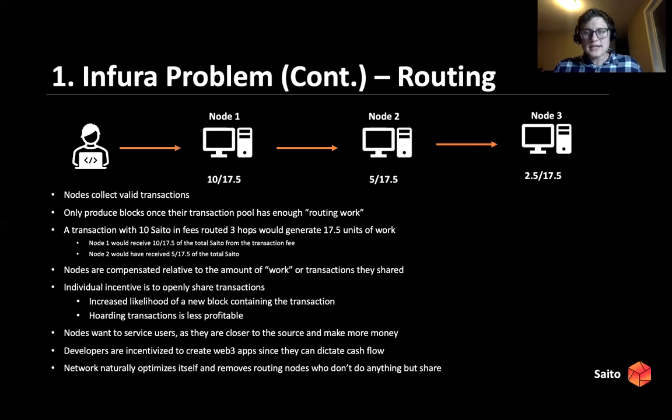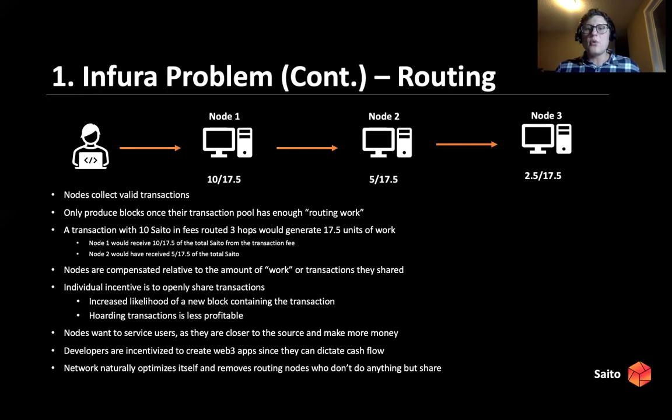Saito, for example, could dictate that you are required to have 100 points' worth of transaction fees or transaction points in order to post a block. Node 1 would have 10 points, which is a decent start. Node 2 would have 5, and they keep listening for new transactions coming in and add those to their own pool of transactions.